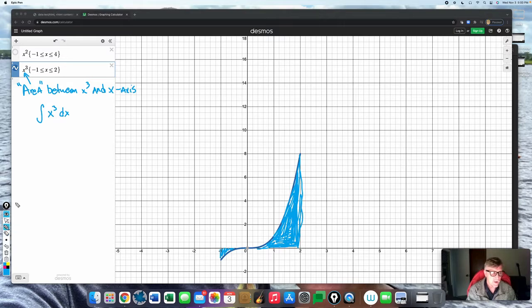And if you want to count area, then you start your integral at the lower end point of your interval, and then you do the upper end point of the interval. So this expression that I've written here is called a definite integral. Definite integral because it has numbers on it. And the definite integral is written like this.